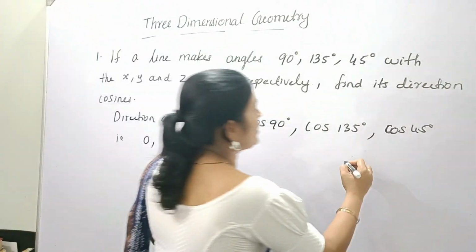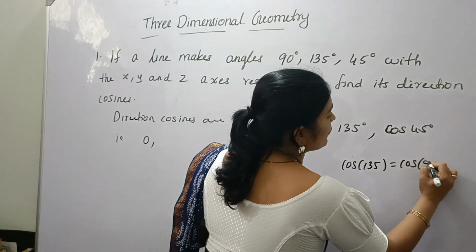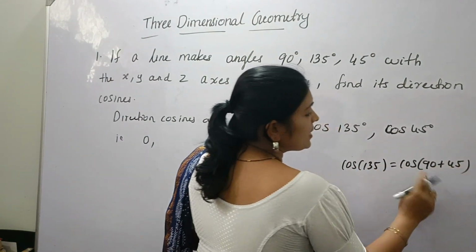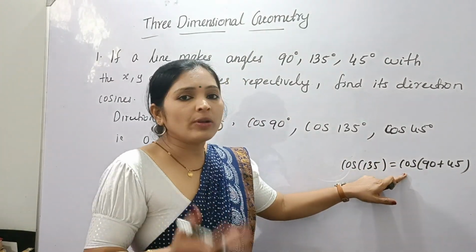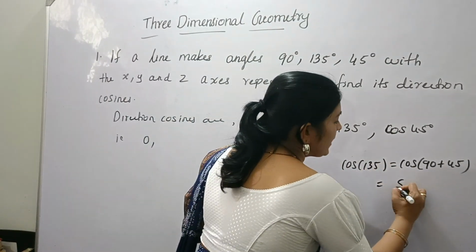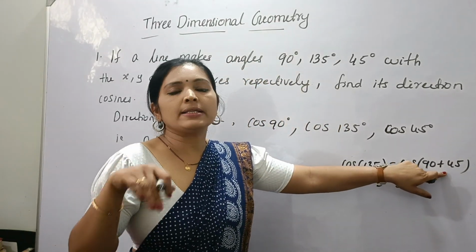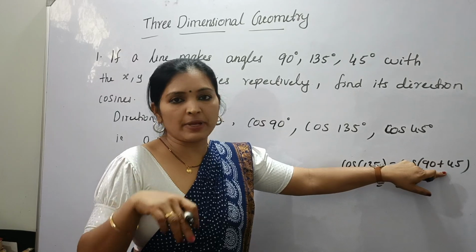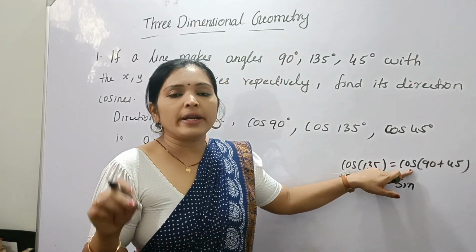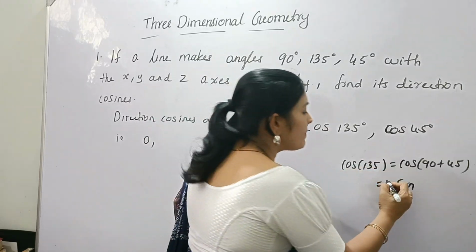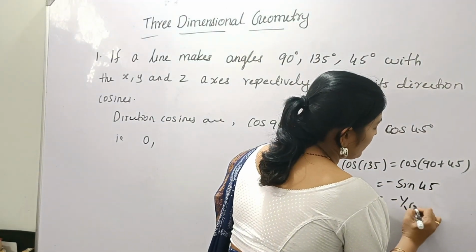How to find cos 135? Cos 135 can be written as cos of 90 plus 45, right? Since it is 90 plus, cos will become sine. And since it lies in the second quadrant, cos is negative, therefore minus sine 45, that is minus 1 by root 2.